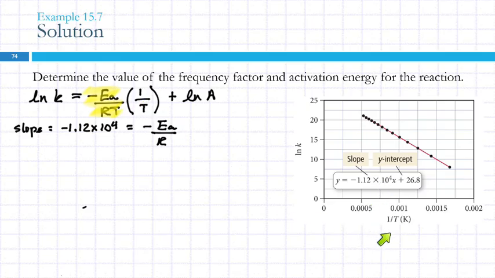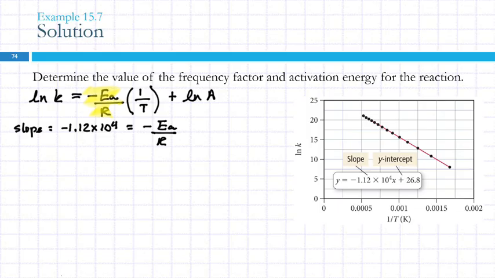X is 1 over T. I'm sorry, for the slope, it was negative Ea over R, not RT. Thank you, I made a mistake. The T is not supposed to be there. Thank you for seeing that, because that's confusing. Okay, that better?